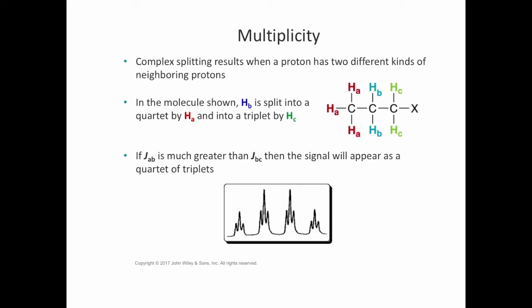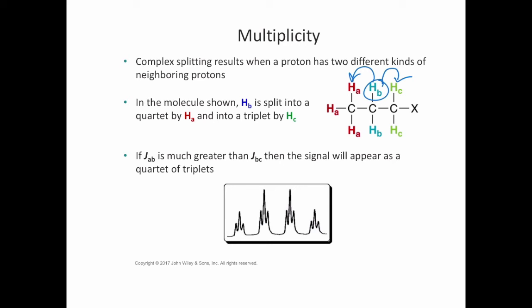Complex splitting results when a proton has 2 different kinds of neighbors. So for example, HB here is going to couple to HA, but it's also going to couple to HC. And the complex splitting is not simply going to follow the N plus 1 rule, where N is the total of 5 protons, which are neighboring the HB protons.